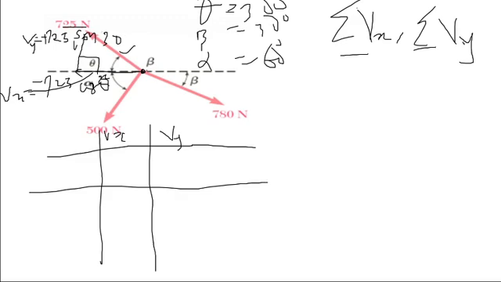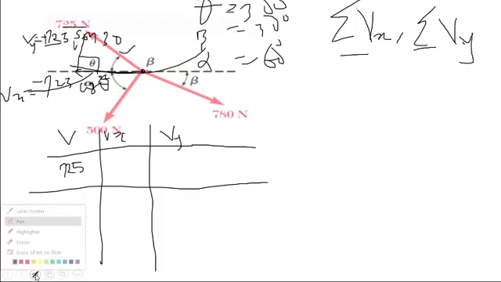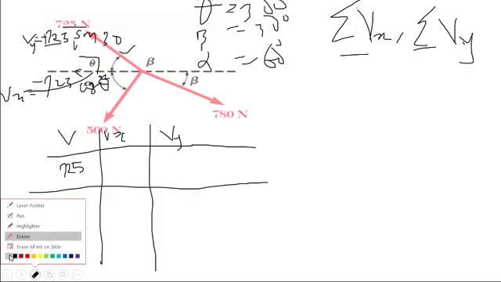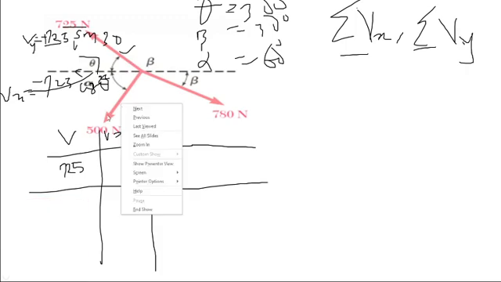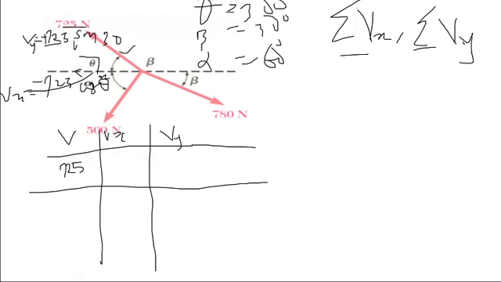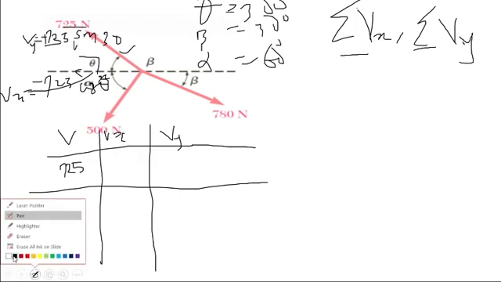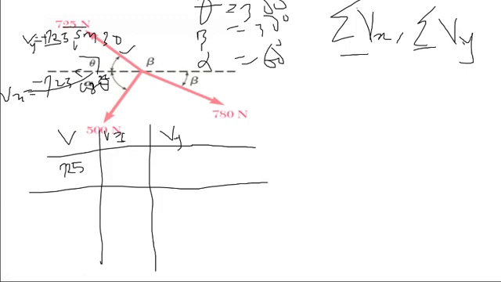The vector 1 is 725, and the angle is 30 degrees. By the time I look at how to find the resultant, I can see in this scenario that my Vx, my horizontal component, x comes before y. That's the reason why I write Vx before Vy.